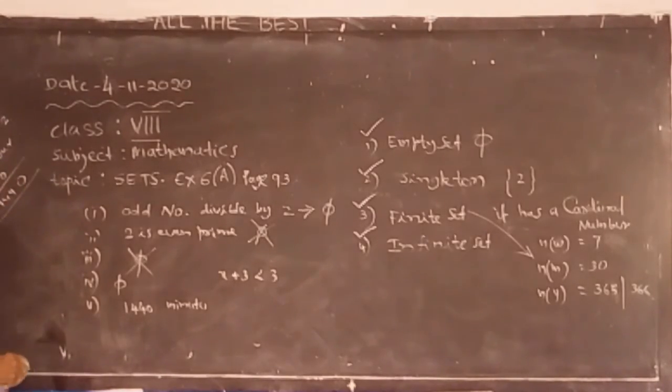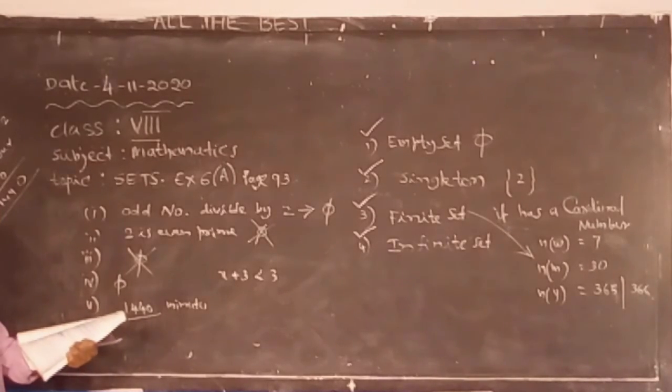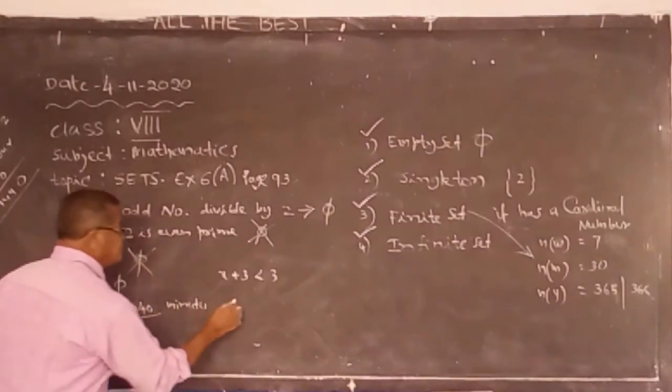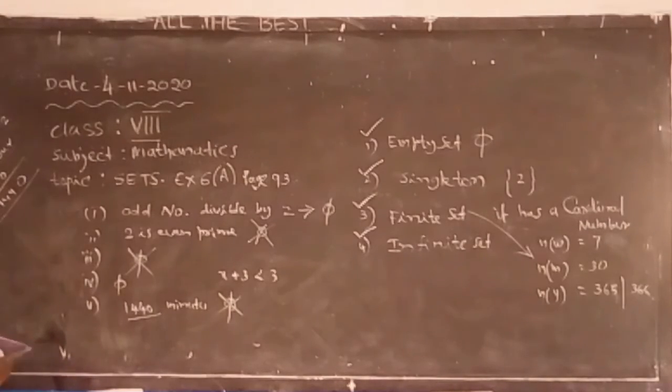All days have this many minutes, so we get all days, so it is not empty. Not empty means cancel it like this, because there are no days without minutes. So like this, you do the other problems.